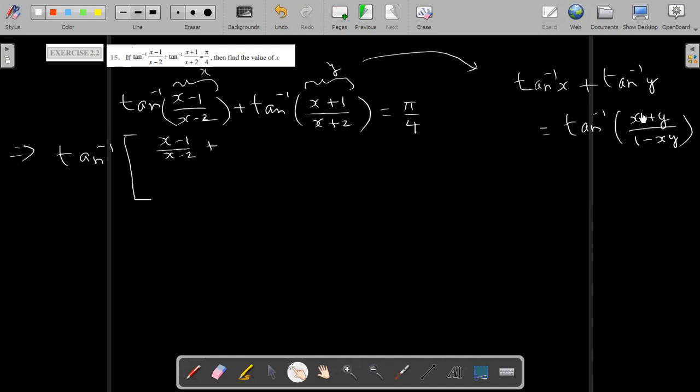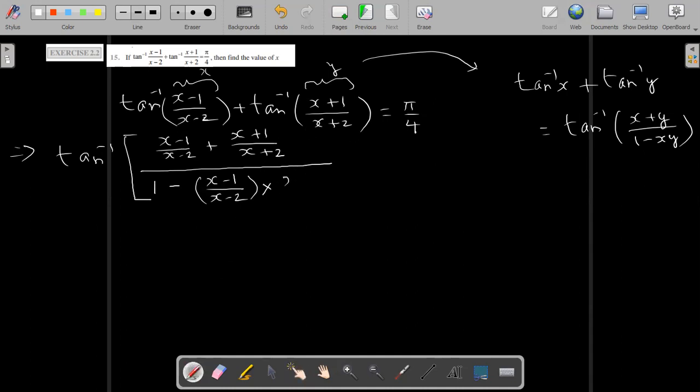So here it is x plus y, with y replaced by this one: (x minus 1)/(x minus 2) plus (x plus 1)/(x plus 2), divided by 1 minus x into y. X is (x minus 1)/(x minus 2), multiplied with y, whose value is (x plus 1)/(x plus 2). This whole value is equal to 5 by 4.